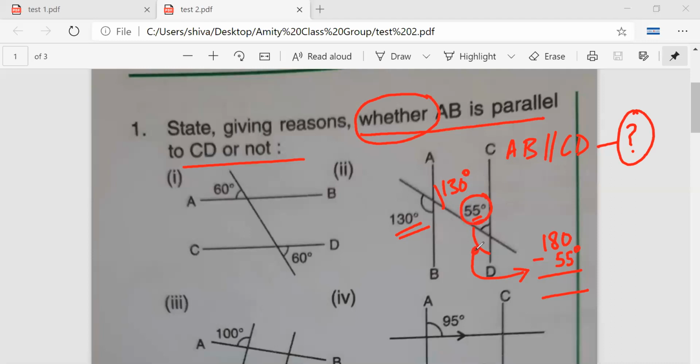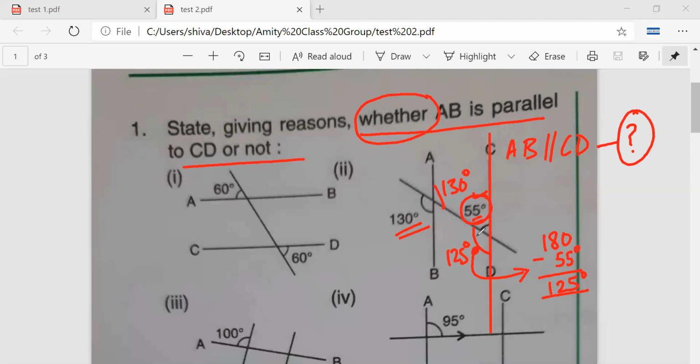Therefore, this angle would be, Mr. Sarthak, this is a straight line. Yes, sir. Therefore, if this is 55, this would be 180 minus 55. Any doubt? No, sir. Therefore, this will be 125 degree. Any doubt?